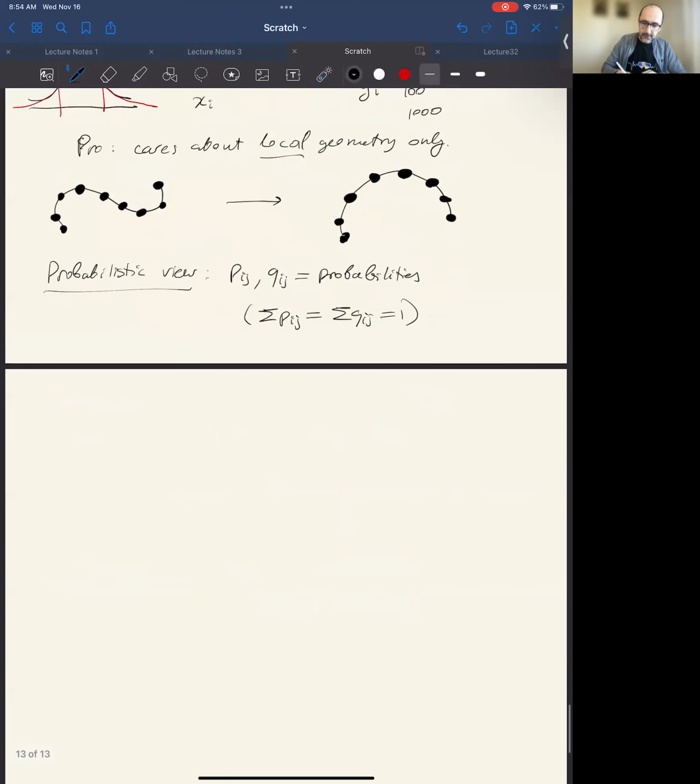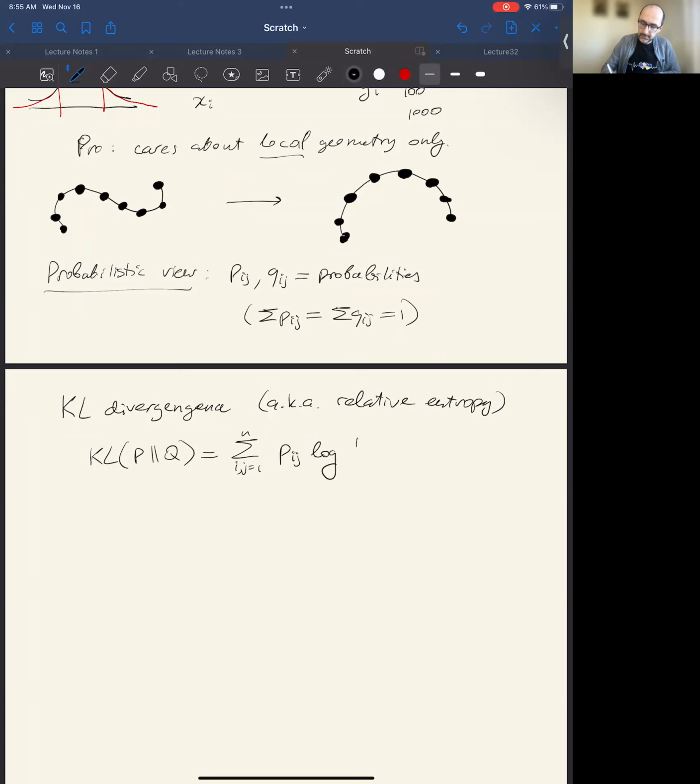And that's called the relative entropy, or the KL divergence, Kullback-Leibler divergence, also known as relative entropy. And it is defined the following way. The divergence between two distributions, P and Q, is the sum of Pij log Pij over Qij.